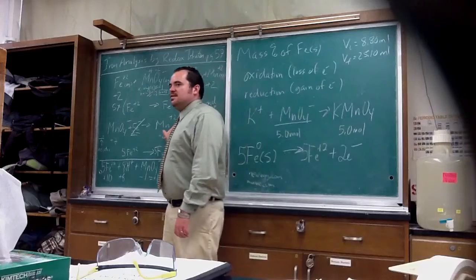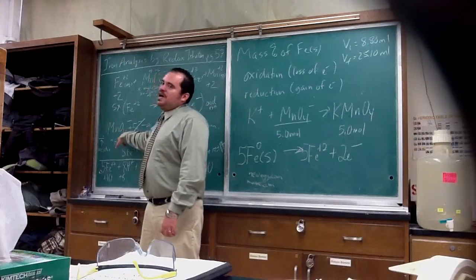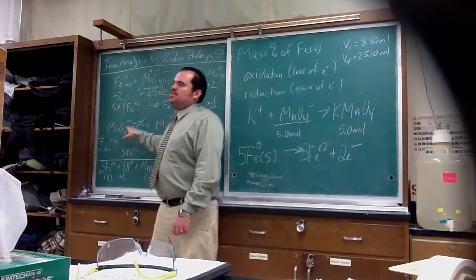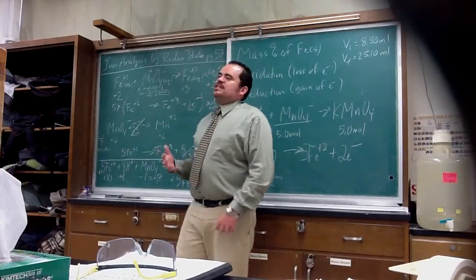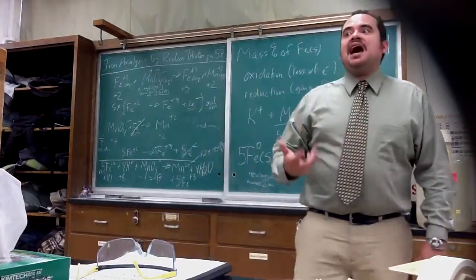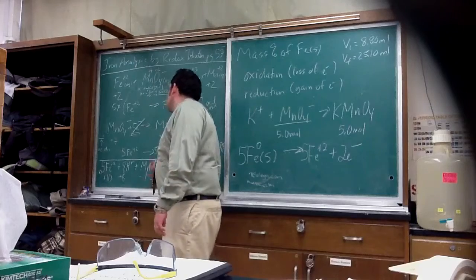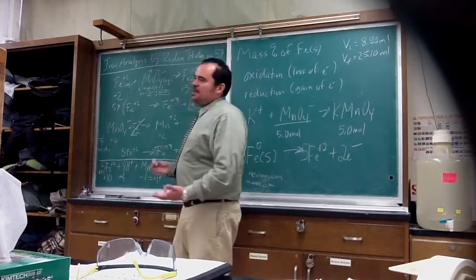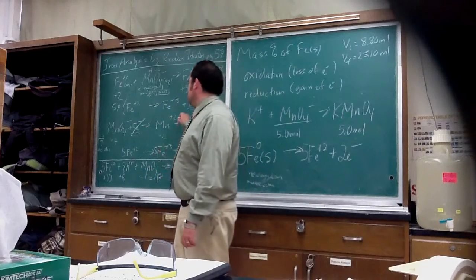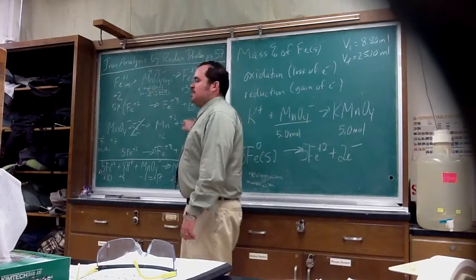Now let's balance everything else. For example, how many oxygens do I have over here? 4. There's 0 over here. The rule says to then add water to the side that is missing oxygen, by that number. That's how you make it up. In this case, on the product side, I add how many water molecules? 4. 4 times 1 is 4.